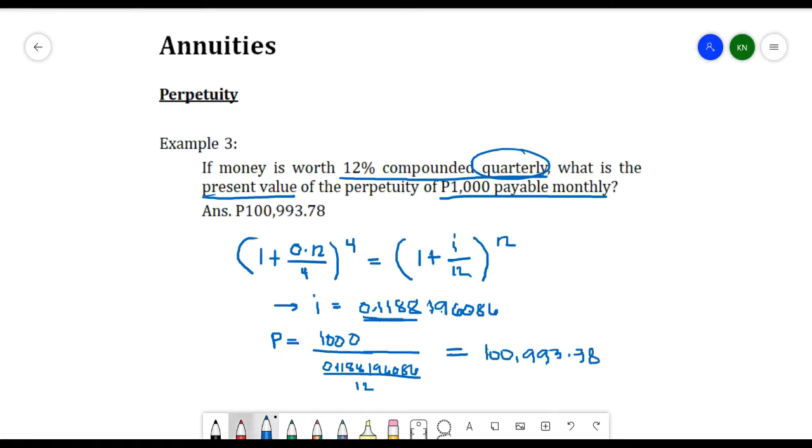Actually, you can try rounding this off to at least 4 decimal places. You'll get something like 101,000. So as you can see, it has a big difference in the present value. So we have this as our final answer.